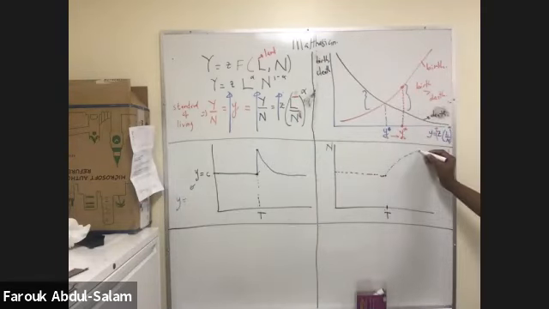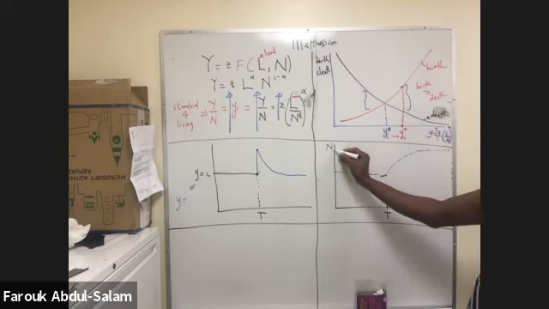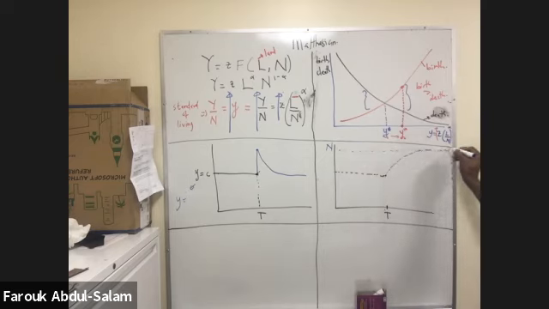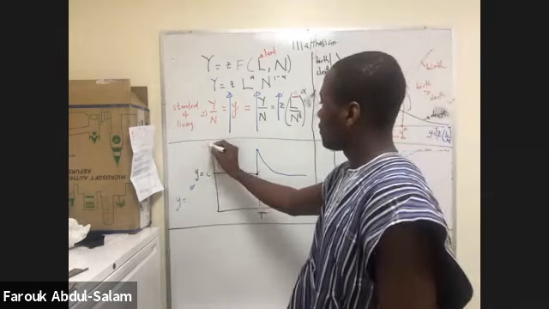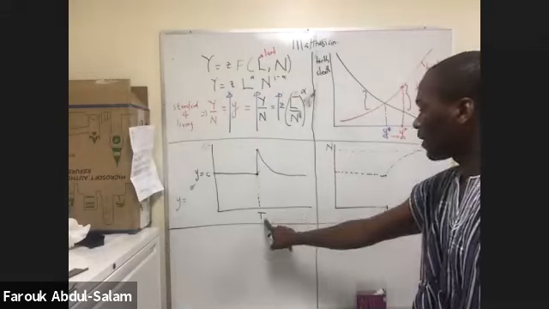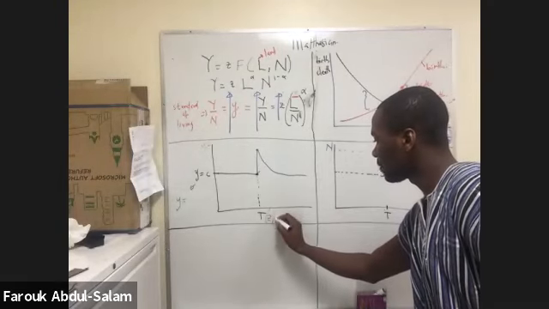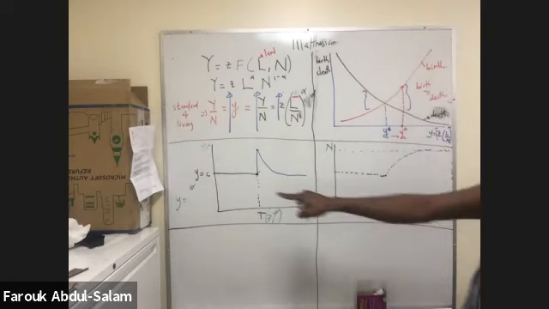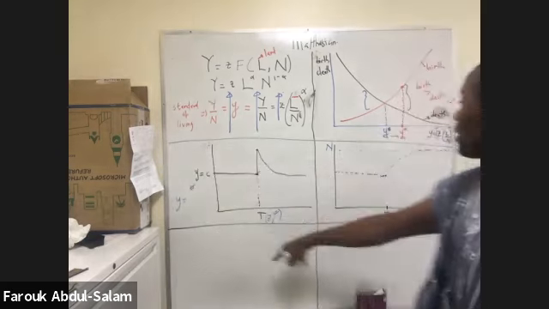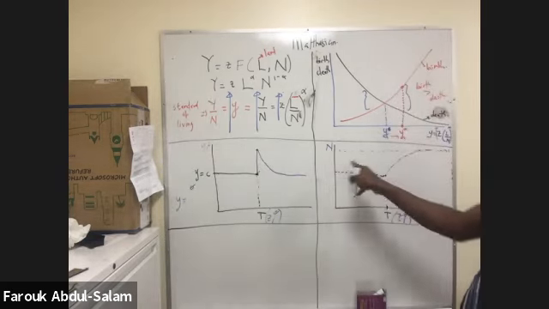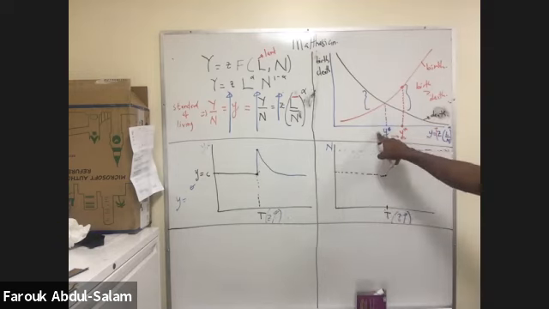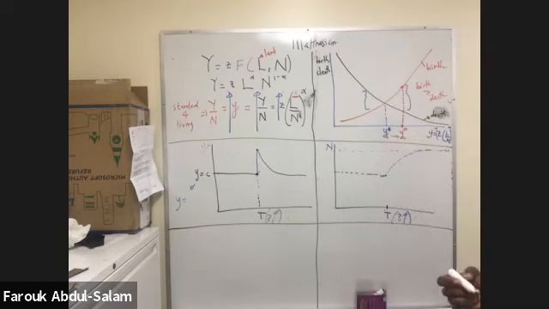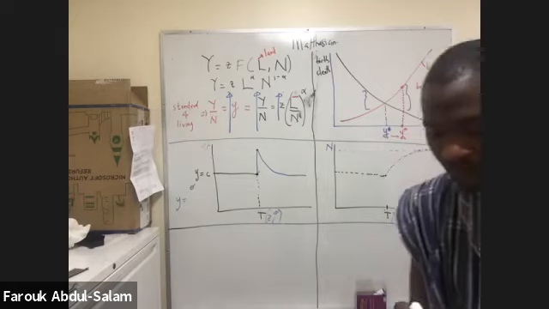And this guy goes back to a very high rate, which is a new value of my N. And this is Y. See, this is N. This is a time where we experience the increase in Z. And this is the time where we saw the same increase in Z, but it will have different implications on Y and on N. And because of these two implications, we'll come back to where we were supposed to be. So that's the whole idea behind the Malthusian.